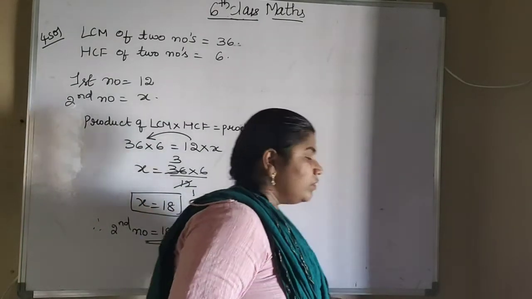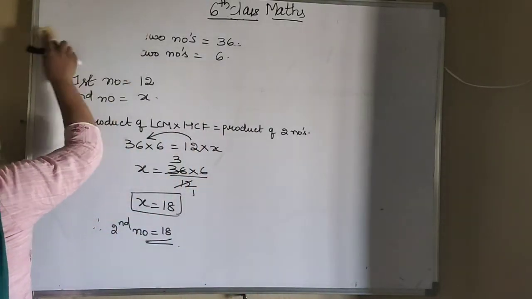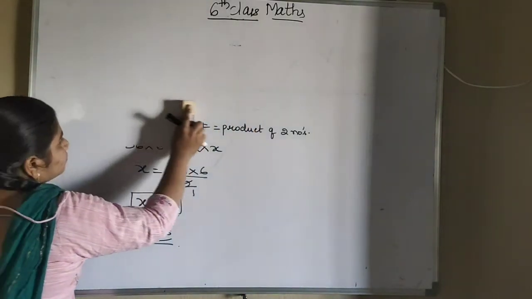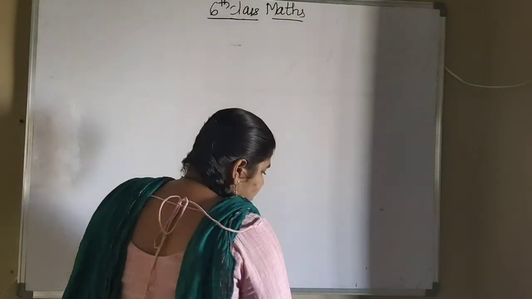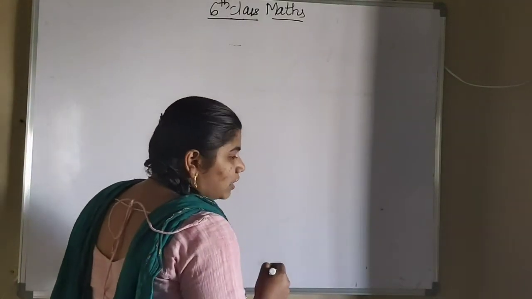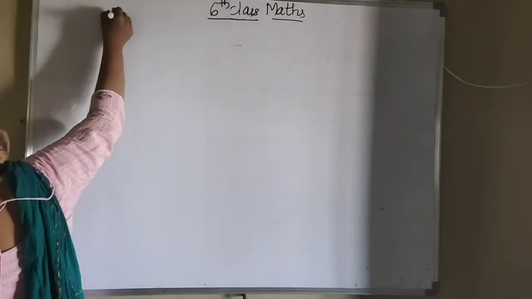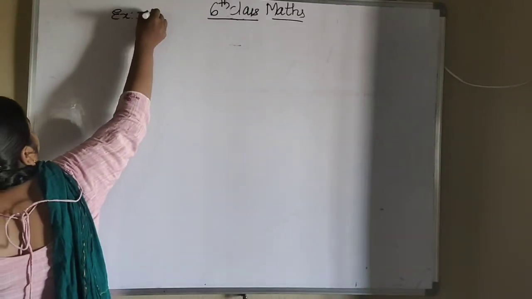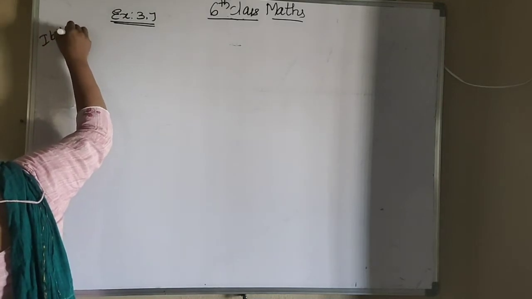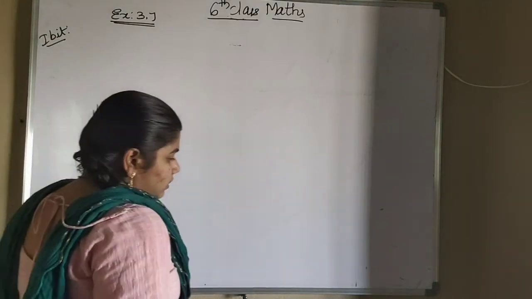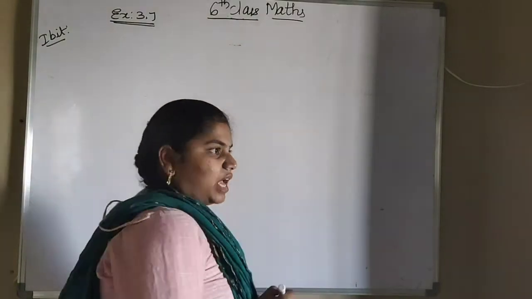So first, the first bit we will see. What is the first bit? Which of the following numbers are divisible by 4? Exercise 3.7, first bit. In this we have to see which are divisible by 4.